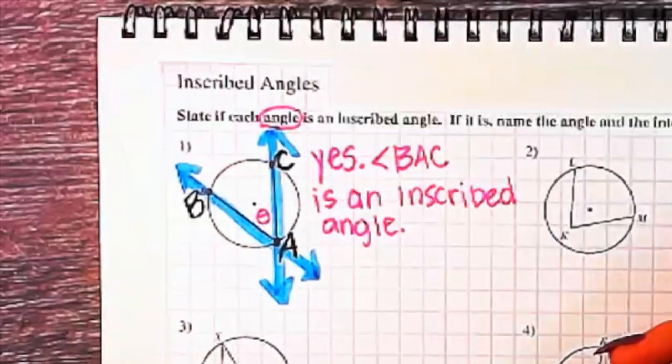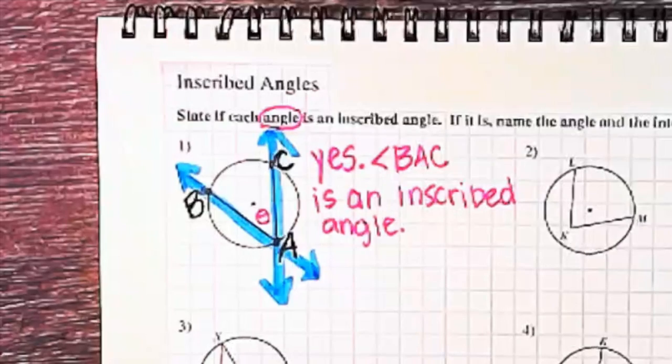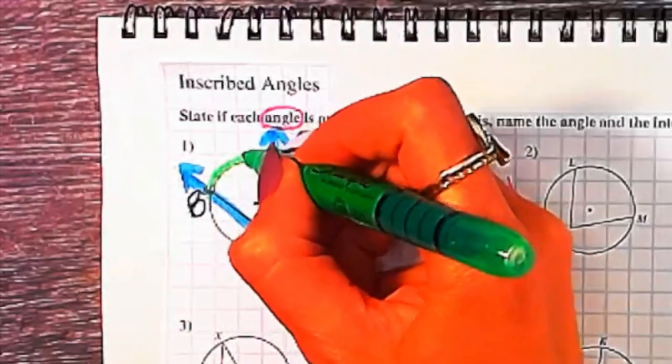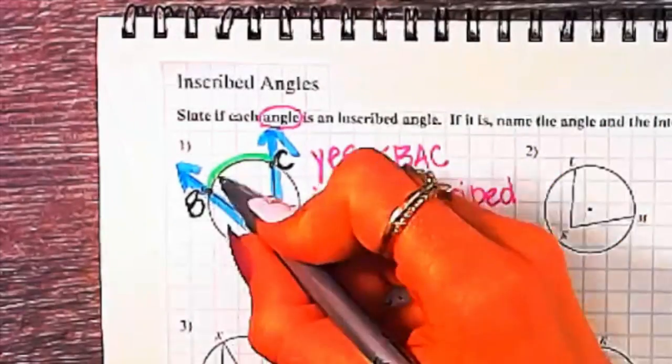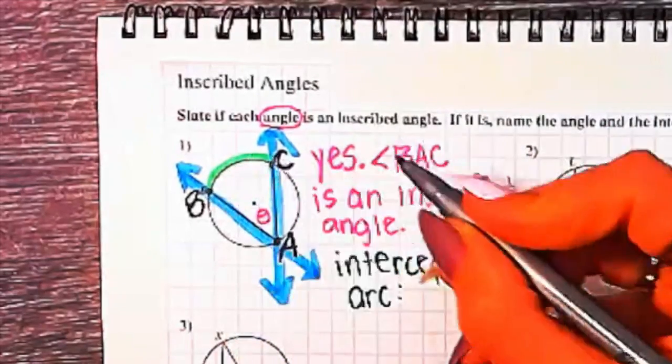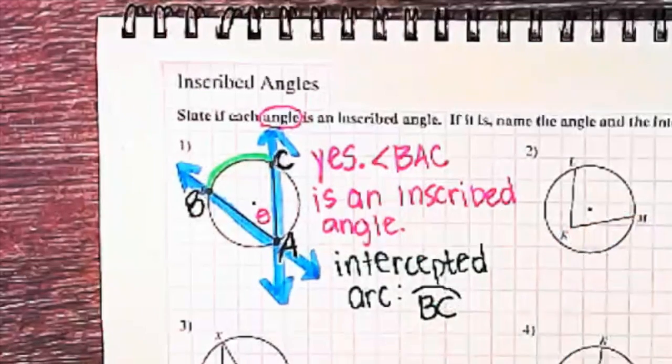I did name it, and now I'm going to name the intercepted arc, and I'm just going to color coordinate that as well. So here's the intercepted arc, and the way you name the intercepted arc, since this one is a minor arc, we're going to use 2 points with that little curve above it. That's the end of number 1.